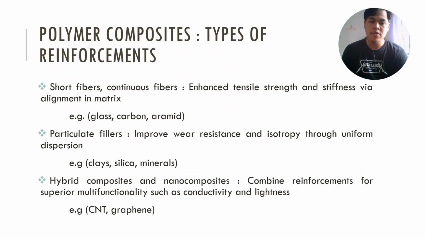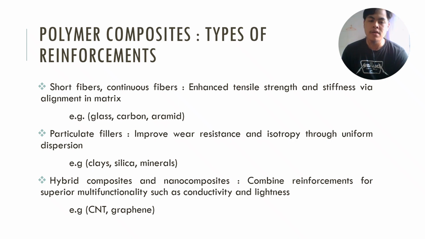Next is polymer composites, types of reinforcement. The first one is short fibers or continuous fibers. These enhance tensile strength and stiffness via alignment in matrix. For example, glass, carbon, and aramid. The second one is particulate fillers, which improves wear resistance and isotropy through uniform dispersion.